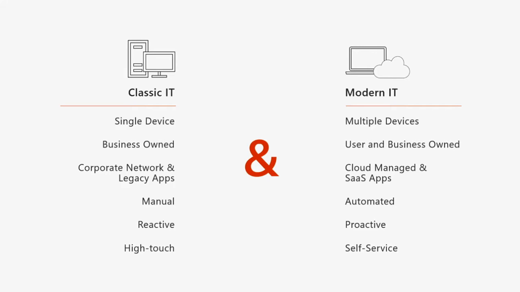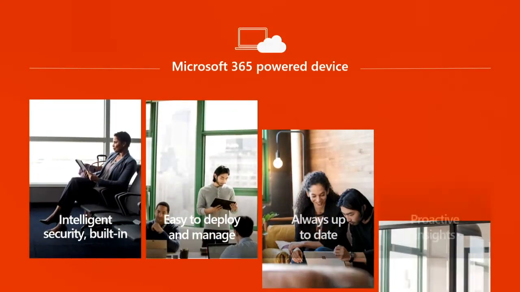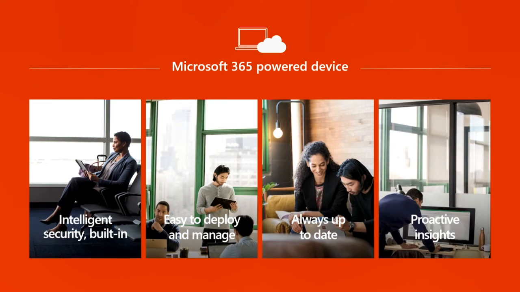So in order to land Microsoft 365 in a better way within your companies, we have also created a concept called the Microsoft 365 Power Device. You probably have heard about that in other sessions, but the Microsoft 365 Power Device is a device that runs Windows 10, Office 365, and is managed by EMS.